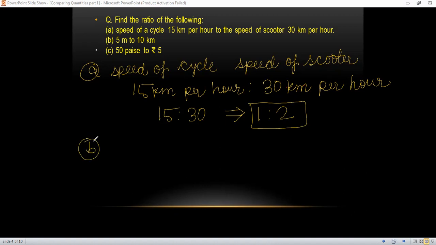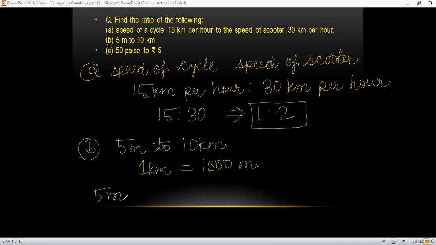Now let's see part B. 5 meter to 10 kilometer. Here you see the units are different. First we have to make the units the same. As we know, 1 kilometer is equal to 1000 meter.